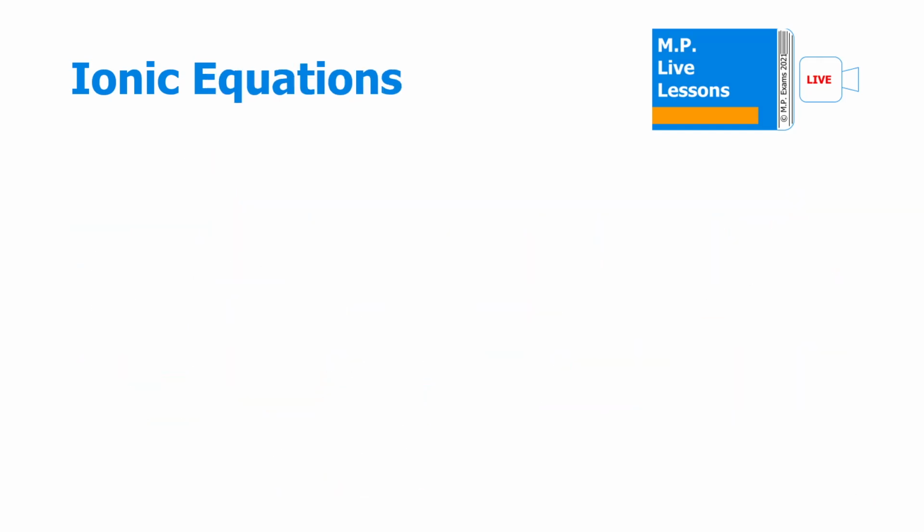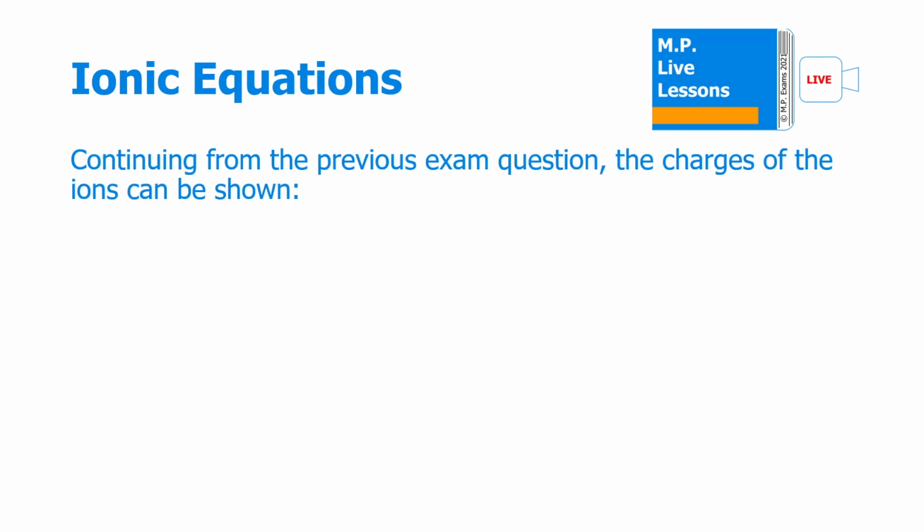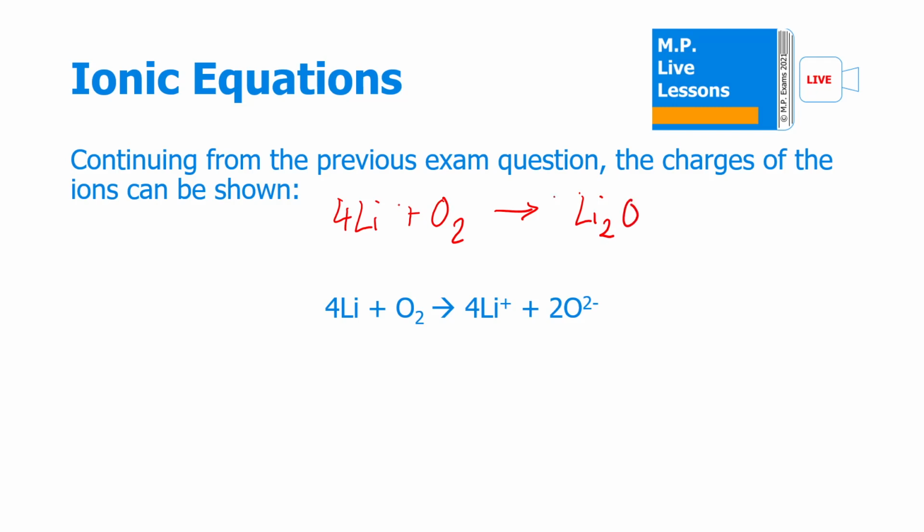Now, continuing from where we were, the charges of the ions can be shown in an equation. So if I had my balanced equation, which is your normal one, so you had 4 lithium and oxygen, this made lithium oxide.